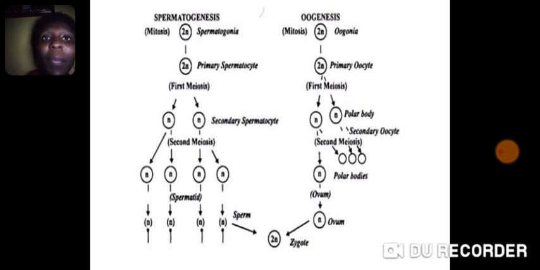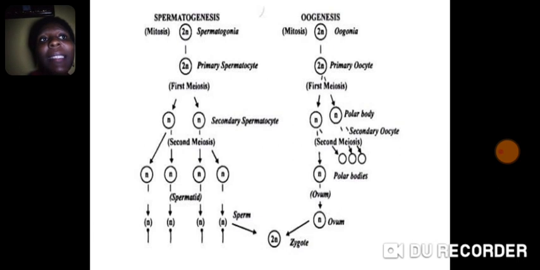But we are talking about ovum production, which is egg cell production, so it should differentiate into a haploid number. So oogenesis is just that the oogonia, being diploid, differentiates to become secondary oocyte or ovum, as the case may be.